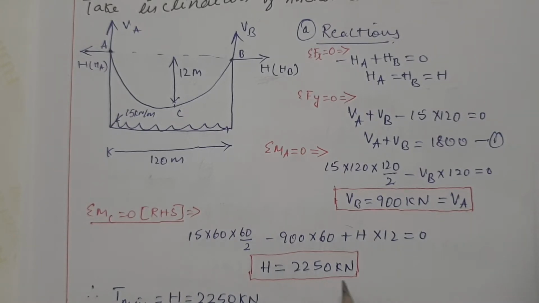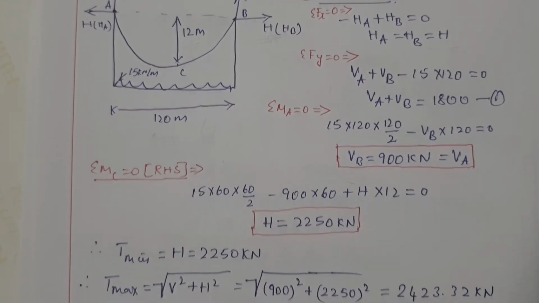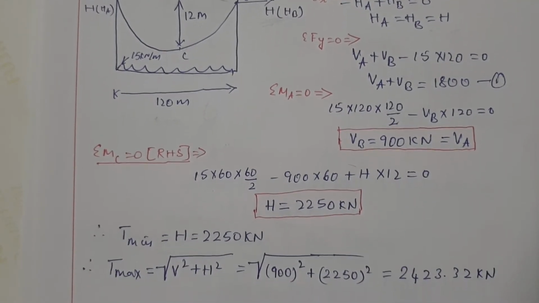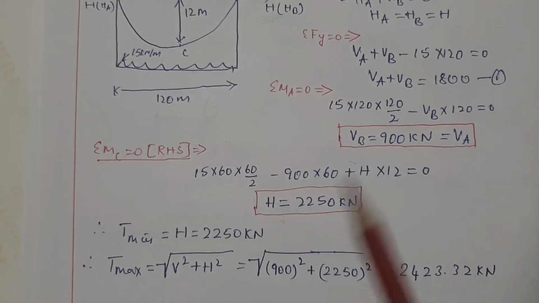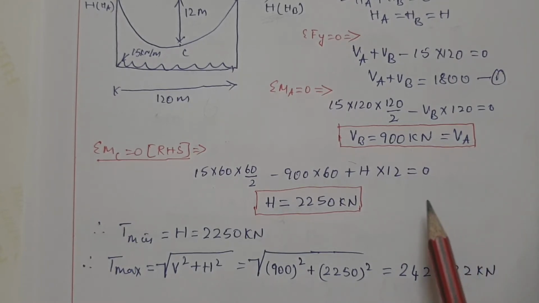So the H value will be as follows. And we know the minimum tension in the cable, T minimum, will be exactly equal to the horizontal force H, that is what I considered here. And we know T maximum will be equal to root of V square plus H square, where V is the maximum vertical reaction.